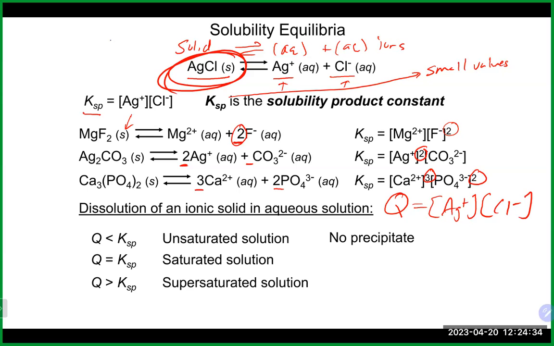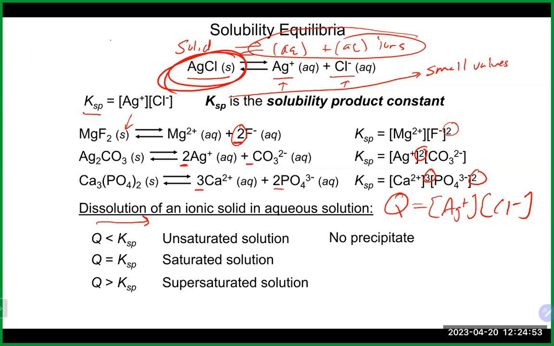If you calculate Q and it is less than the KSP value, you could think about it going opposite of the way it's pointing. That means it will go to the right-hand side of the equation, and the right-hand side is all ions that are aqueous, and that is an unsaturated solution.